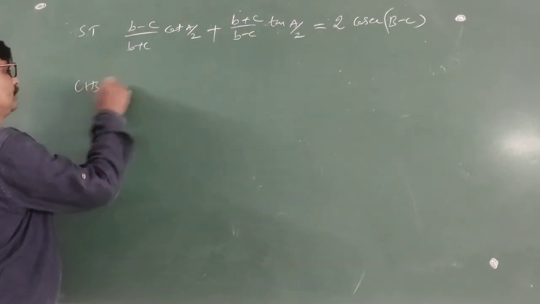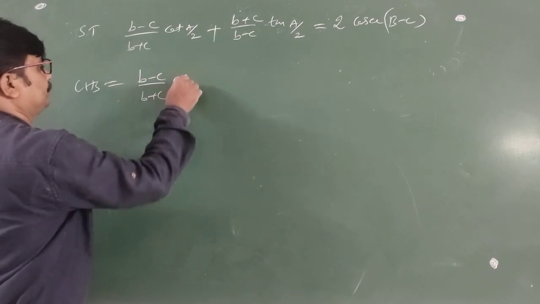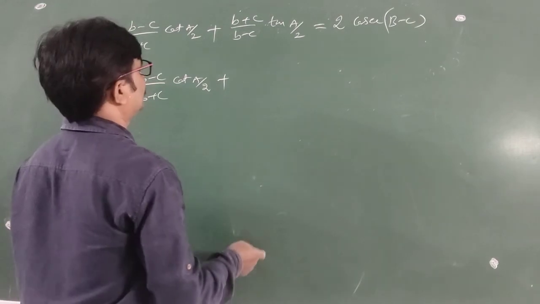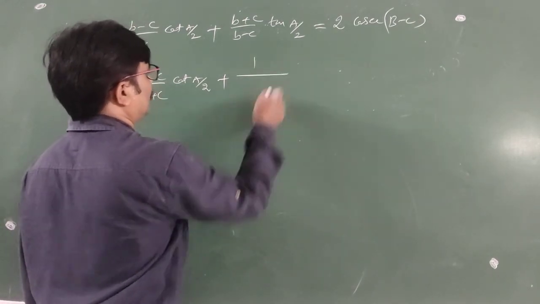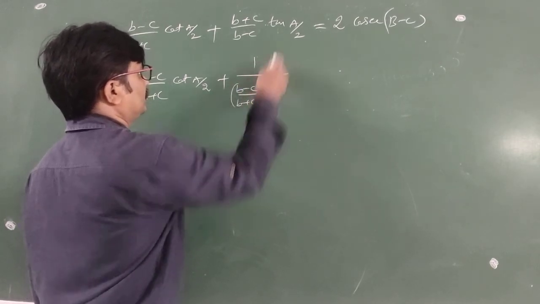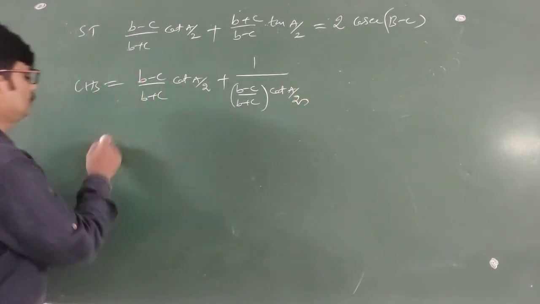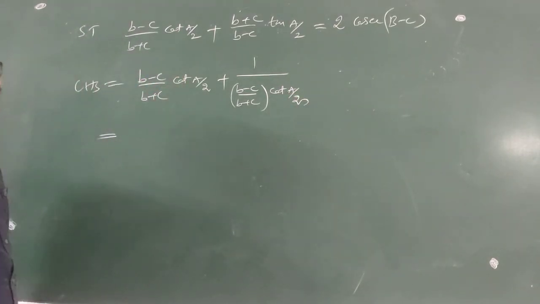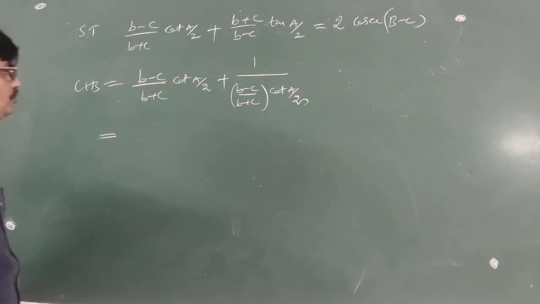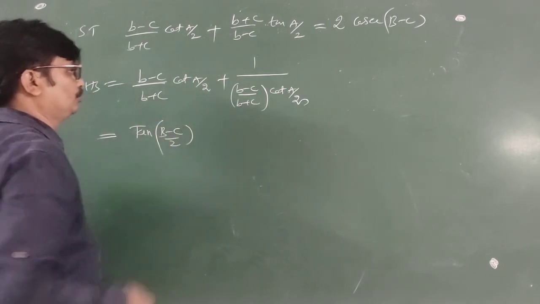Now students, we can take it as B minus C by B plus C into cot A by 2. After that students, we can take it as 1 upon B minus C by B plus C, the reciprocal of tan is the cot of A by 2. Now the B minus C by B plus C into cot A by 2 is, students, the tan of B minus C by 2.